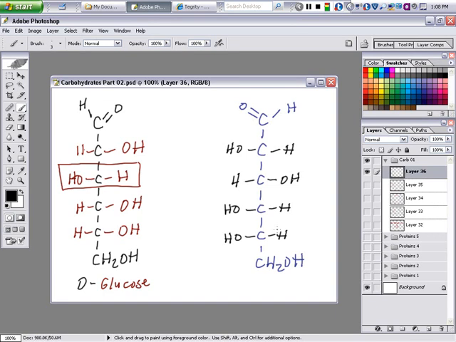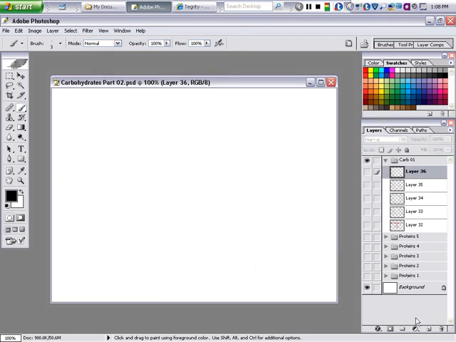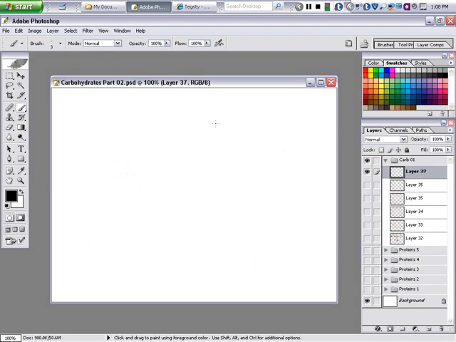We can't digest cellulose for another reason. Let me explain that really quickly. It's still D-glucose. Now, this projection I'm going to draw is called a Haworth projection, and I'll talk about what a Haworth projection is later.